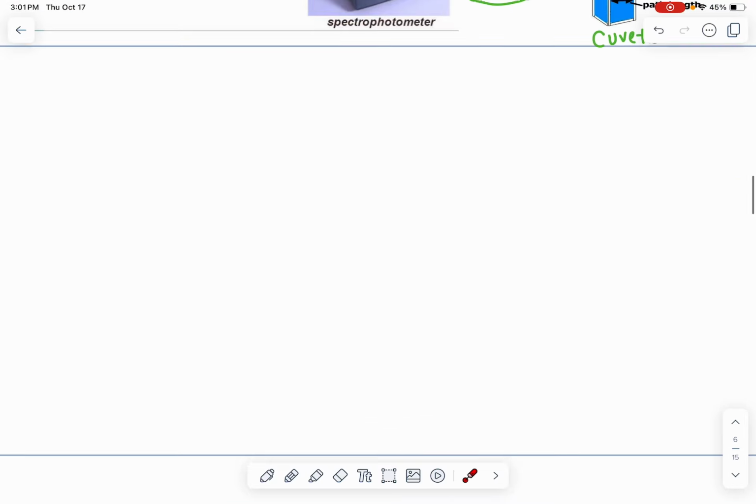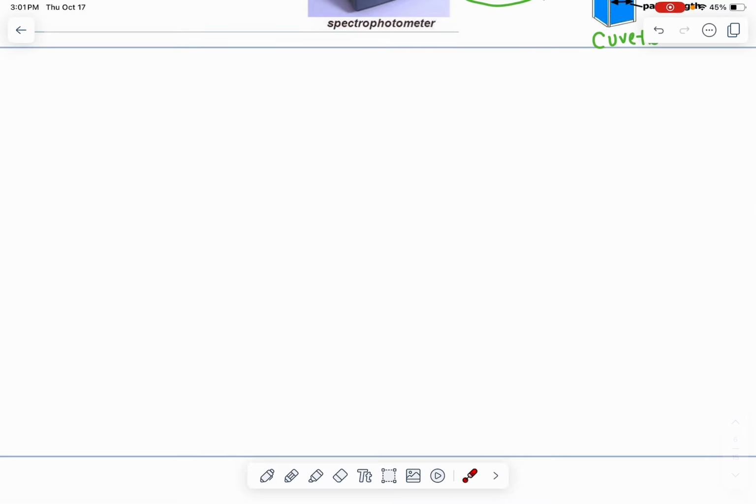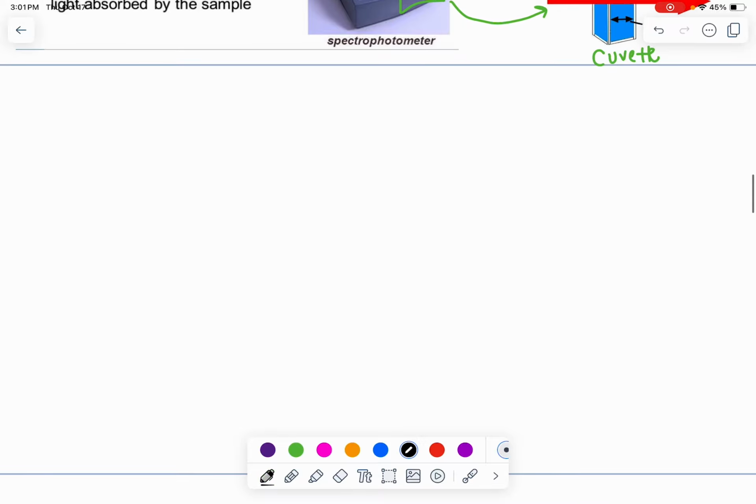Okay, so I'm going to switch. I have a little blank here. I think I drew you guys this picture or something similar to it over the summer, but I'm going to real quickly do this again. So this is how a spectrophotometer or a colorimeter works. It's a quantitative way to measure a color change.